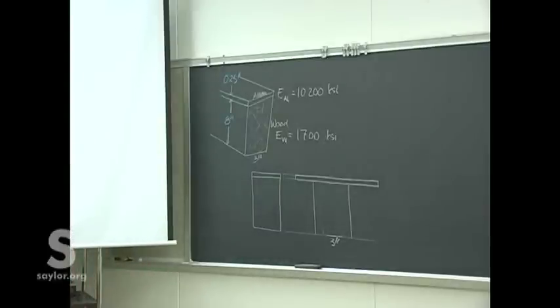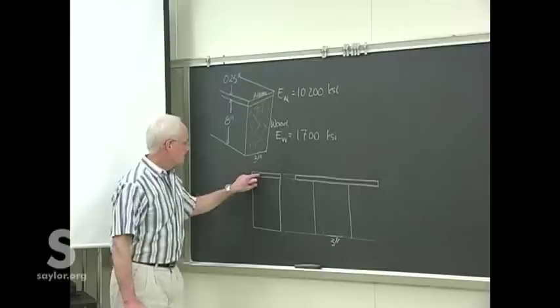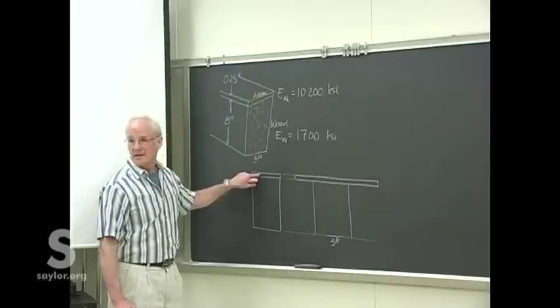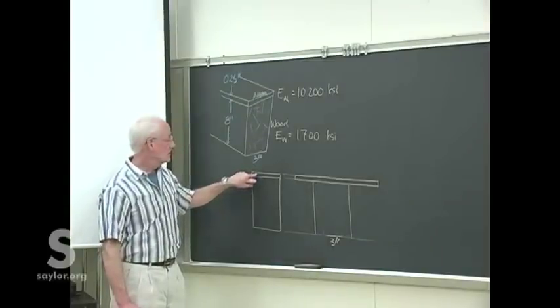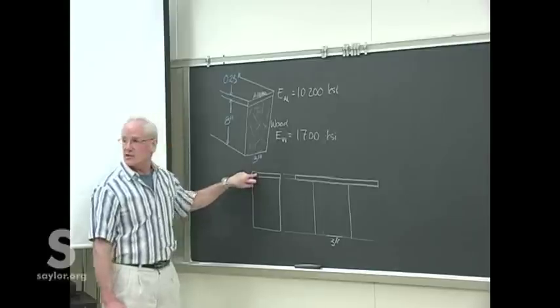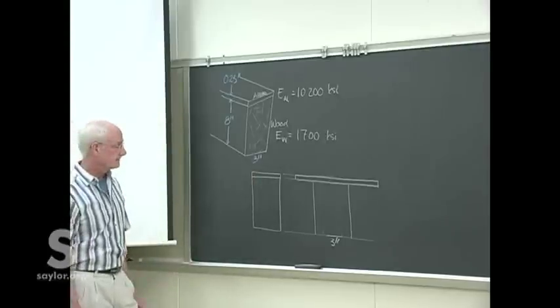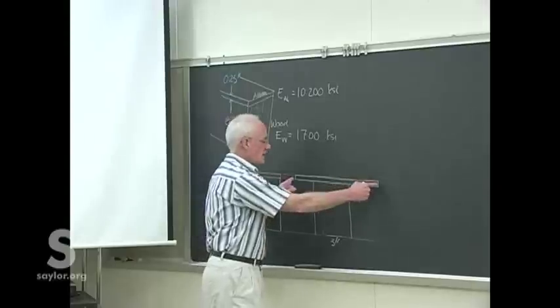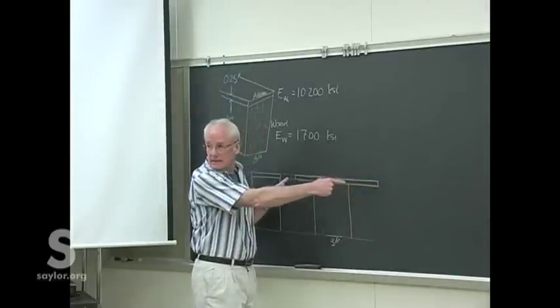So that remains the same. We replace the top with an equivalent piece of wood that's wide enough to withstand the same stress that the aluminum would. How much wider must this be then?